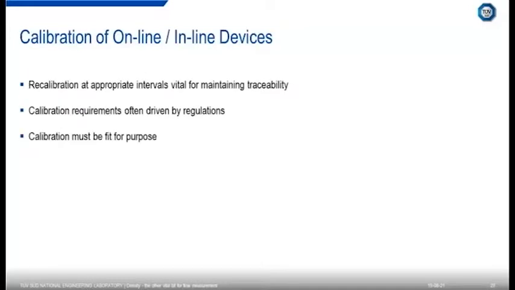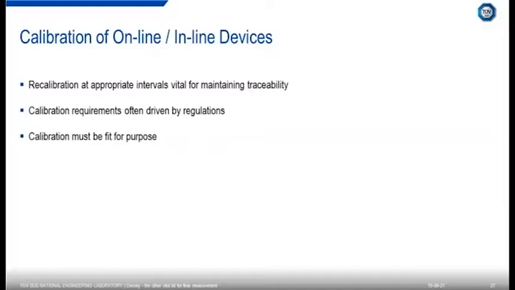I mentioned a few times throughout there the importance of calibration, in particular the importance of calibration for online or inline devices if they are forming part of a measurement system, particularly a fiscal measurement system in the oil and gas sector, for example. Because, as I said at the outset, effectively, density has become a fundamental part of your flow measurement system.